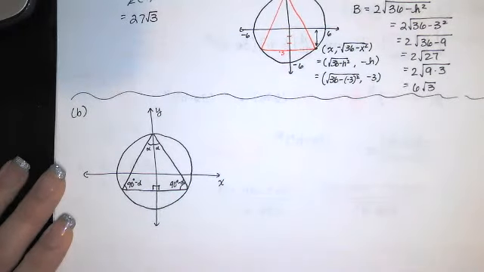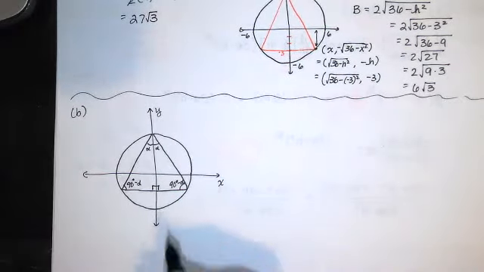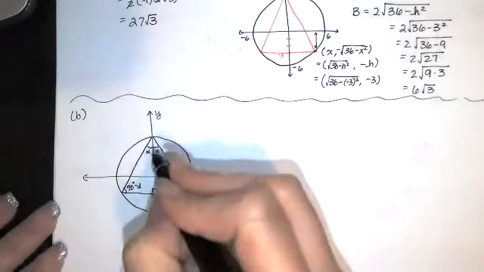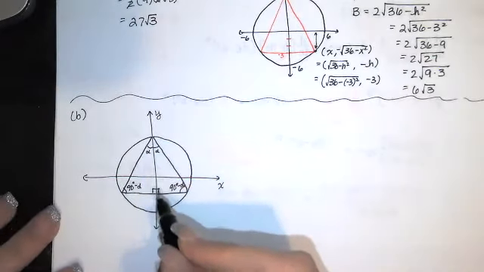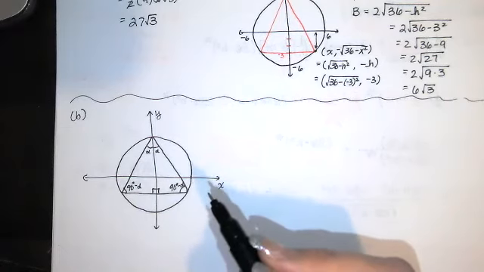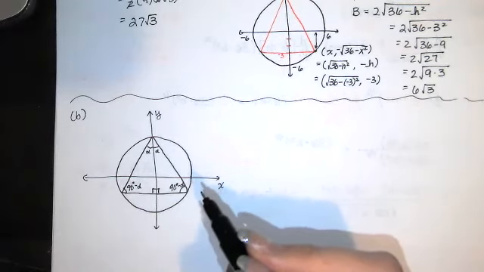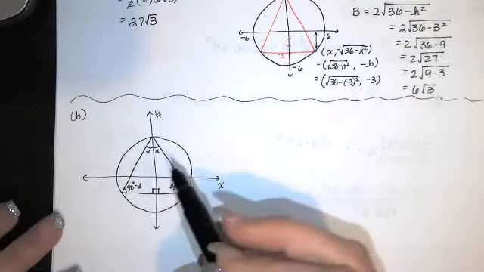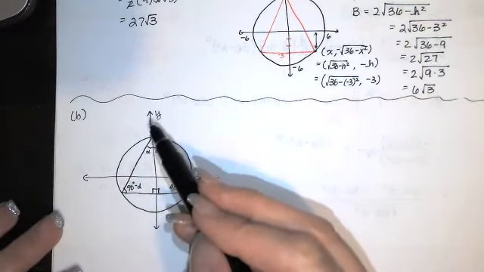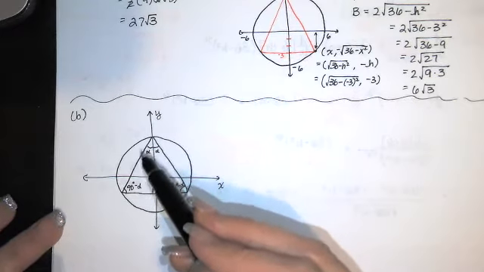So we're right here. And now our goal is to write the area of this triangle in terms of alpha. But remember, if I'm writing the area of this triangle as a function of alpha only, that's not going to be very helpful, because of all of the similar triangles.